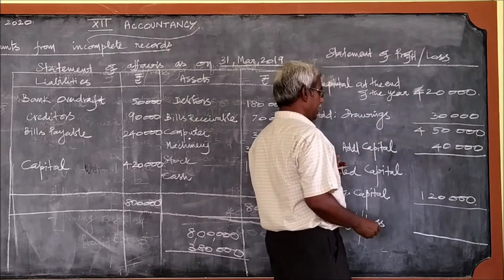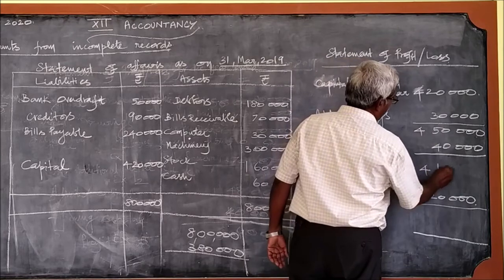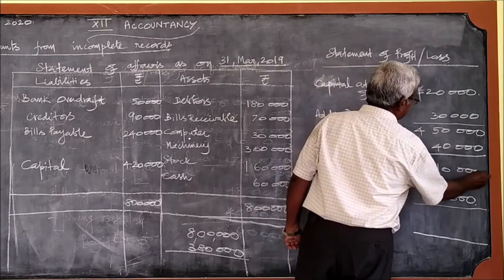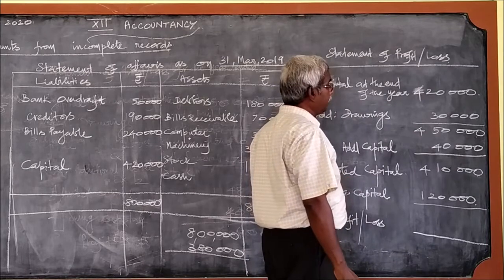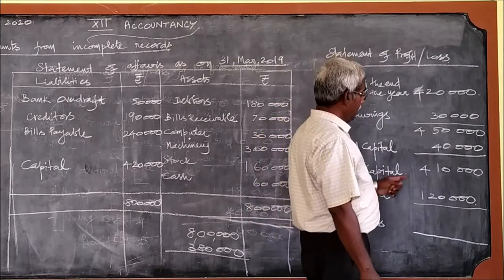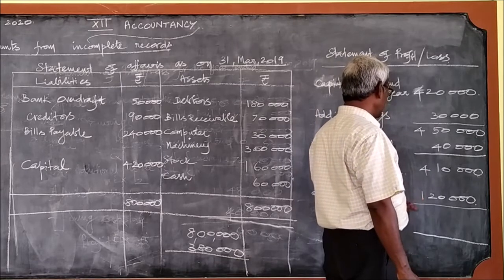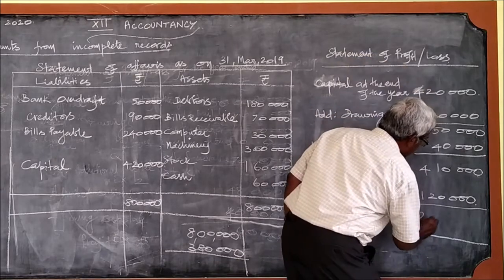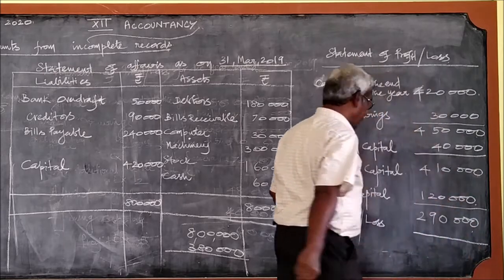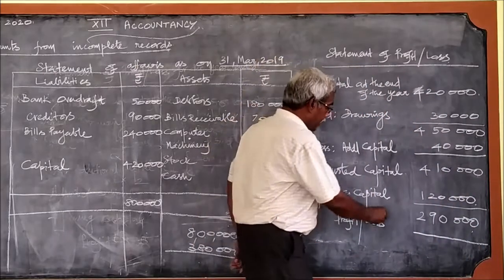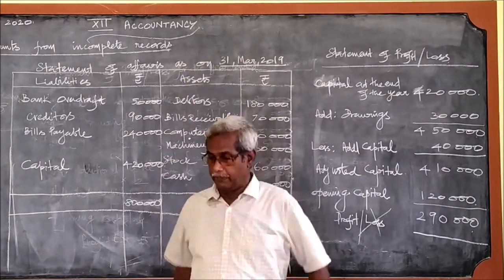Less additional capital: 4,50,000 minus 40,000, 4,10,000. Now compare the adjusted capital with the opening capital. 4,10,000 minus 1,20,000 is 2,90,000. This is the profit of the business. There is no loss in the business. Only there is a profit.